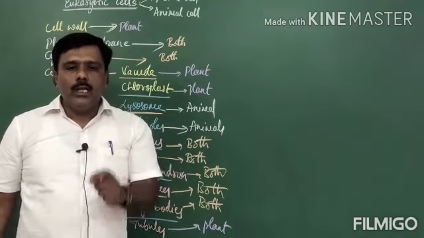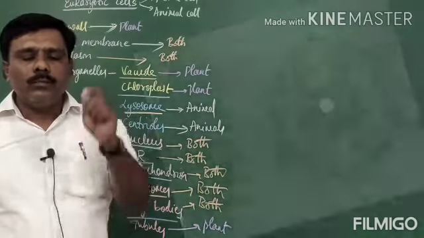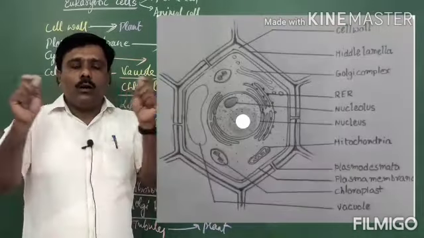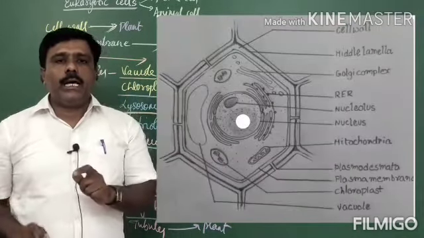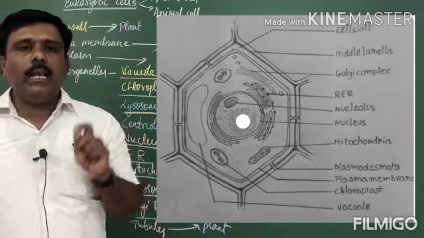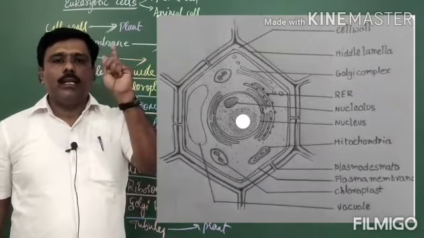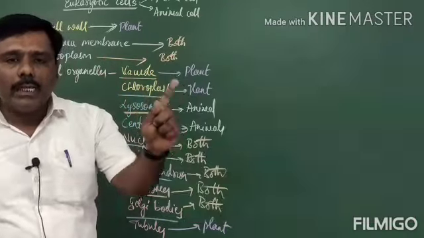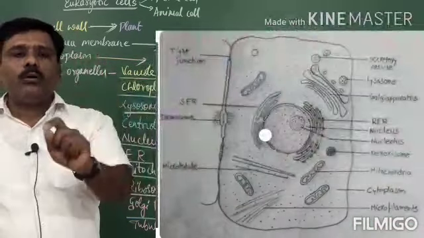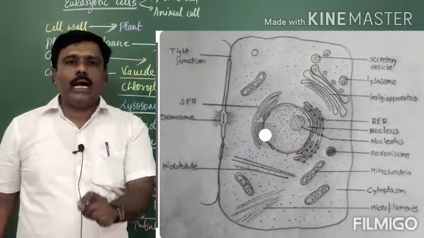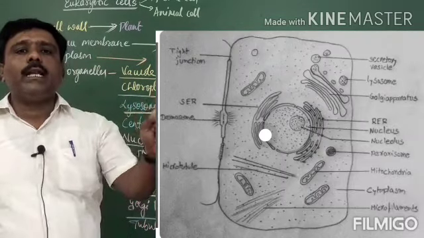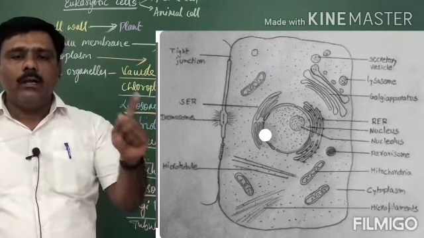Keep it in your mind. Don't forget to learn and draw a neat labeled diagram of the plant cell and of the animal cell. Both diagrams should have a minimum of 10 labelings, right?